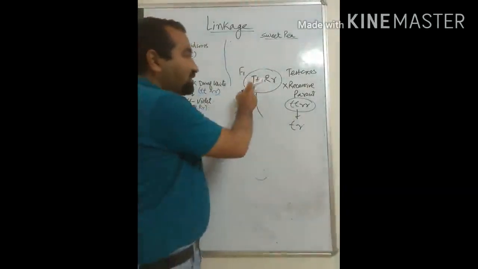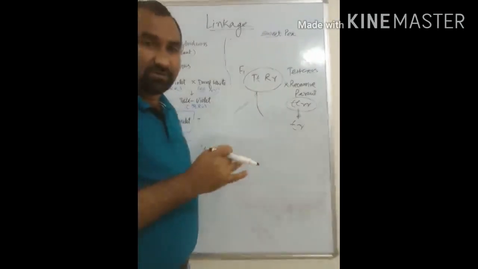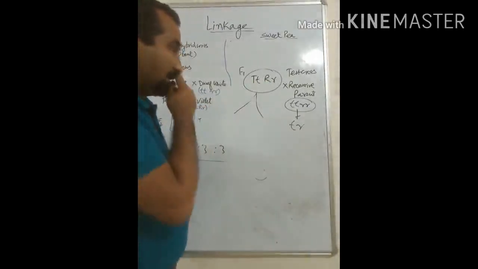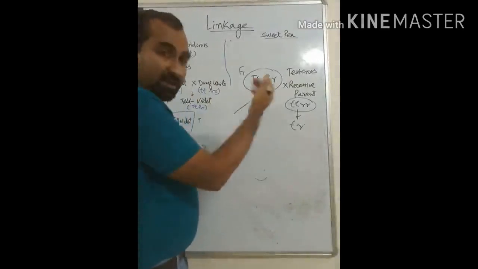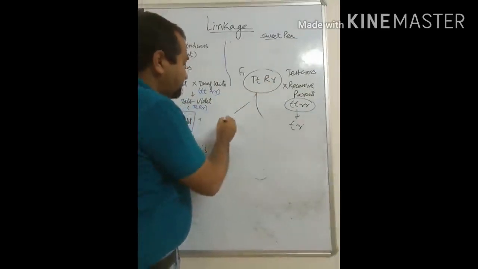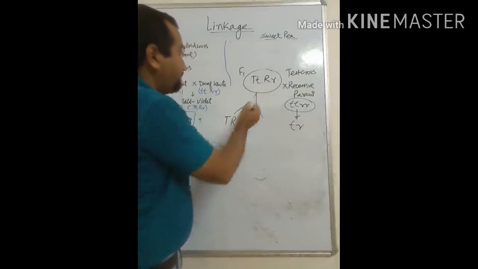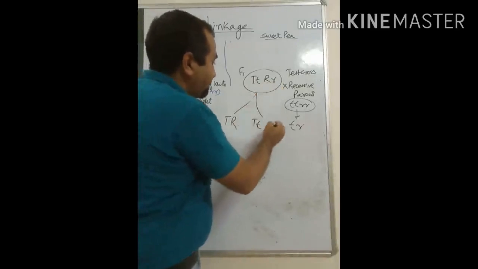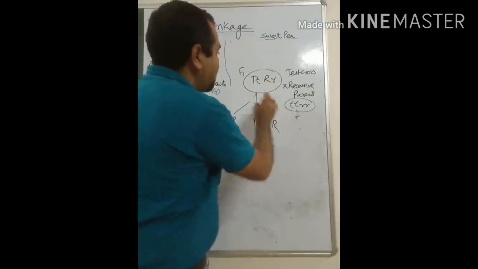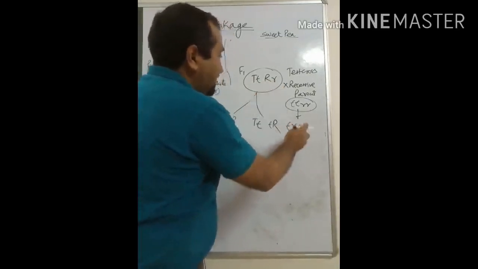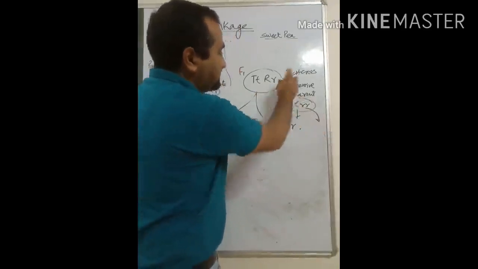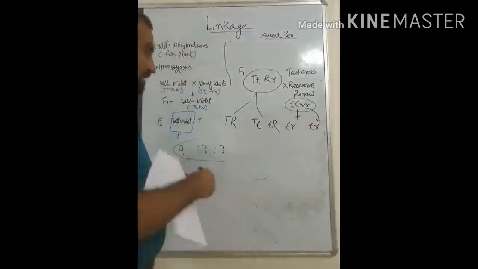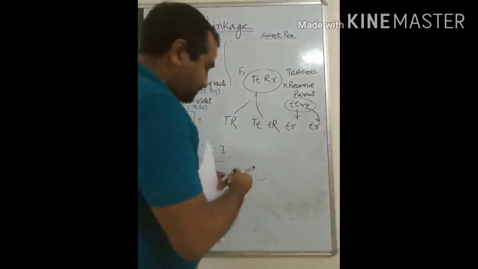Considering that capital T and capital R are on separate chromosomes, they will produce these types of gametes: capital T with capital R, capital T with small r, small t with capital R, and small t with small r. And the recessive parent is going to produce the same type of gamete. Now a cross is made.